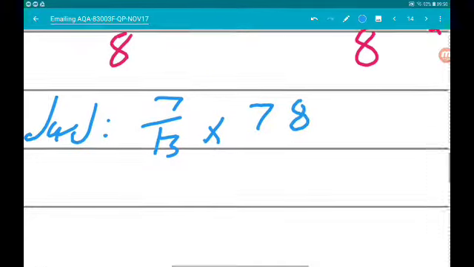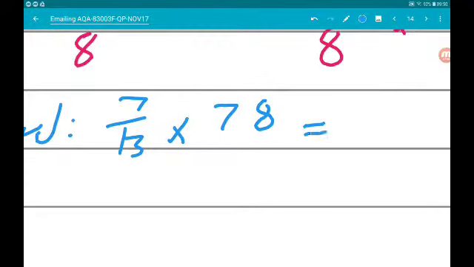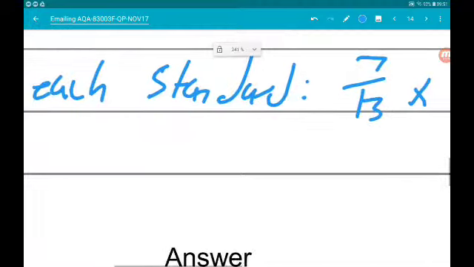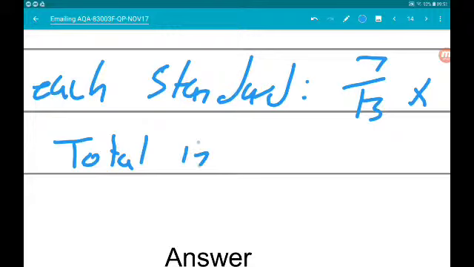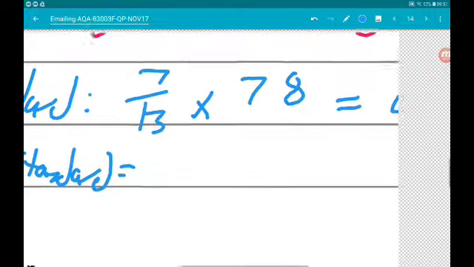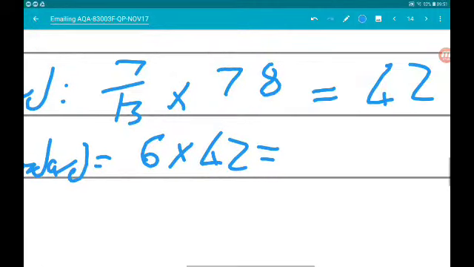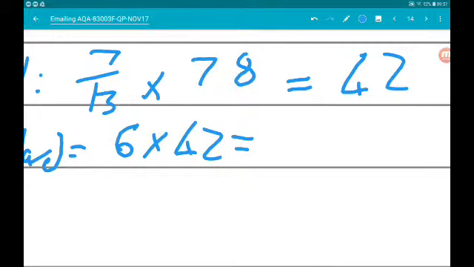Now that is going to give us 42. So there are 6 standard class, so the total in standard class, it's going to be 6 times 42. Now that is 252.